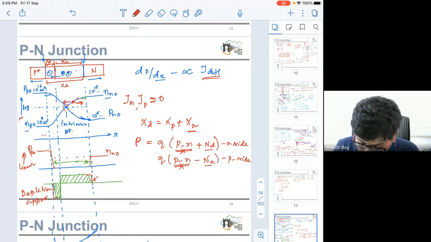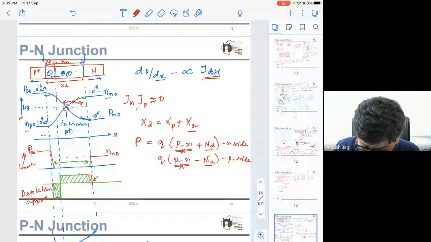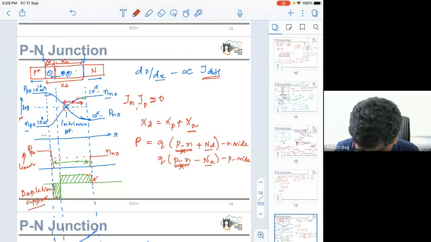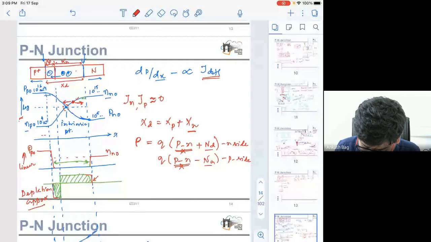So again, we understood the importance of both scales. The linear scale helps us with the depletion approximation, because on the linear scale we see a drastic change in the carrier concentration, so we can use the depletion approximation.